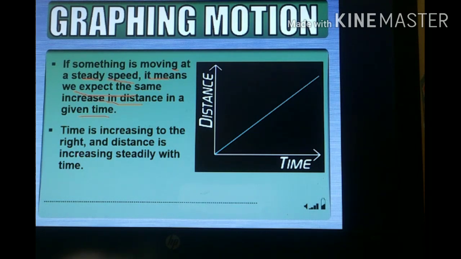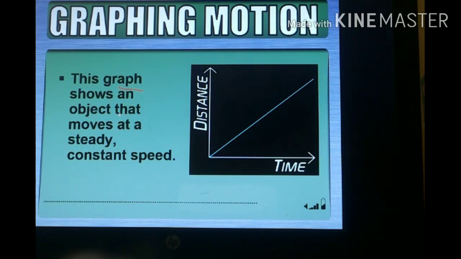Time is increasing to the right, and distance is increasing, but it is increasing at a steady pace from this origin. Are you able to understand? As we are moving from year to year, distance is changing.